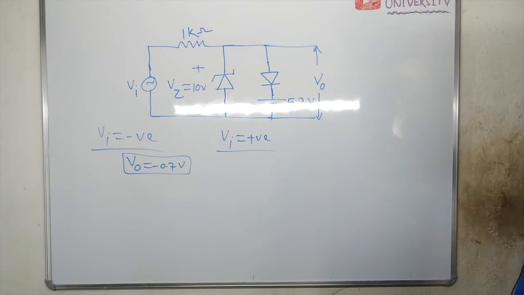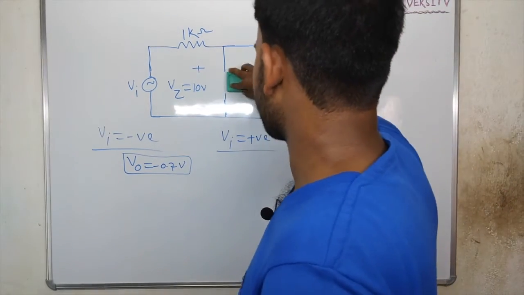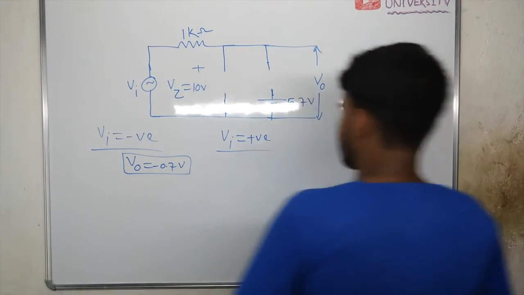So first open circuit this diode and also open circuit this diode. Then what is the voltage available at this point?